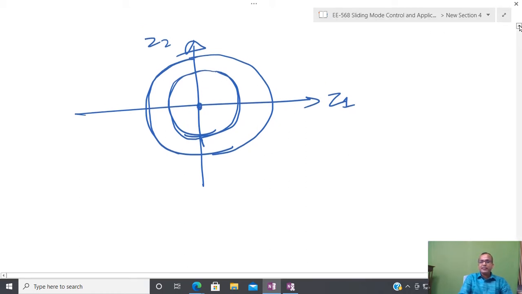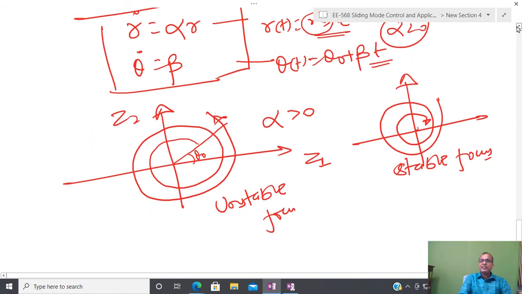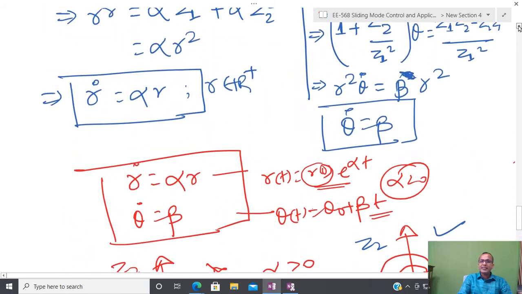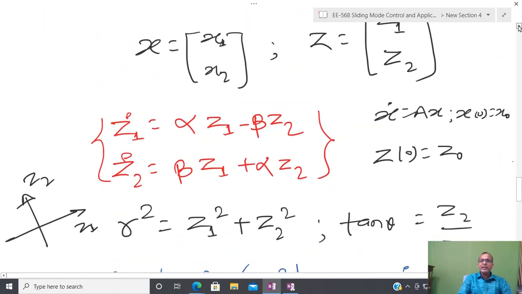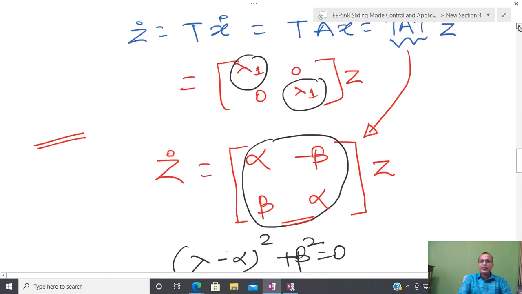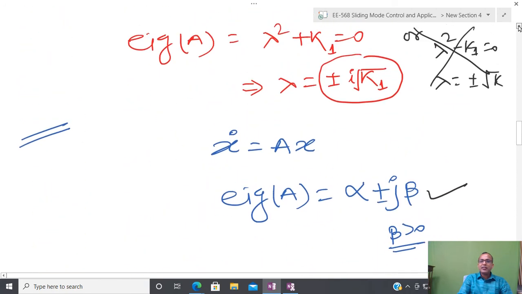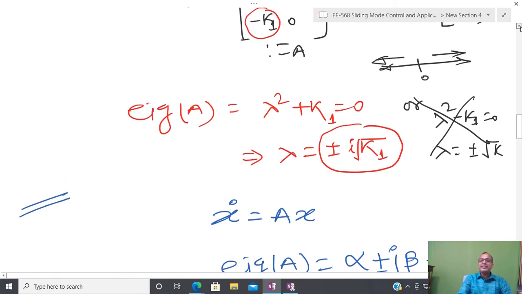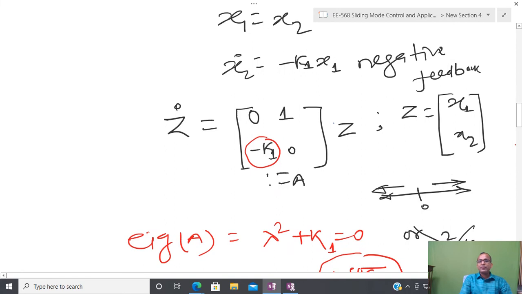So you are going to just rotate, you never converge to the equilibrium point, and this is called a center. So what we have seen is that if alpha is negative, then only I can converge to Z1 and Z2 equal to 0. In this particular case, when I have eigenvalues that are strictly complex, I cannot claim that Z1 and Z2 tend towards 0.